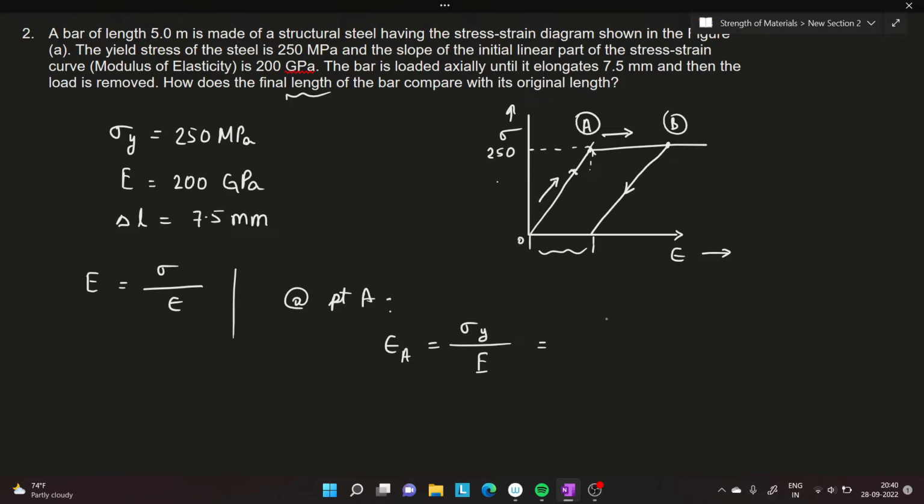The yield stress is 250 MPa. I'm going to convert this 200 GPa to MPa, that is 2 into 10 to the power of 5 megapascals. Sorry, I've just converted this. So megapascal and megapascal are going to cancel out. So I'm going to have 250 divided by 2 into 10 to the power of 5.